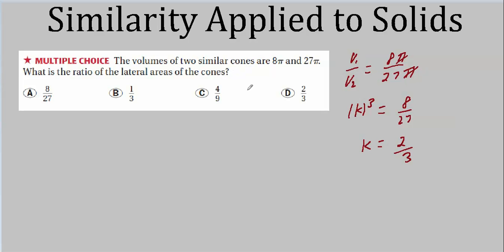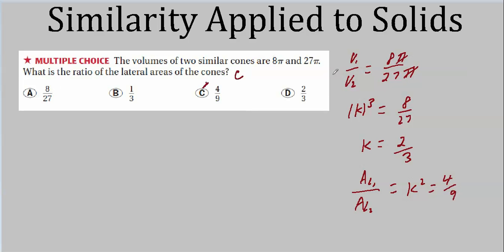So their ratio, we'll say A sub L, lateral area of cone 1, and A sub L2 for the lateral area of cone 2. Well, that's going to be the square. That's going to be k squared, or 4 over 9. And I think we have that right here. The answer would be C.